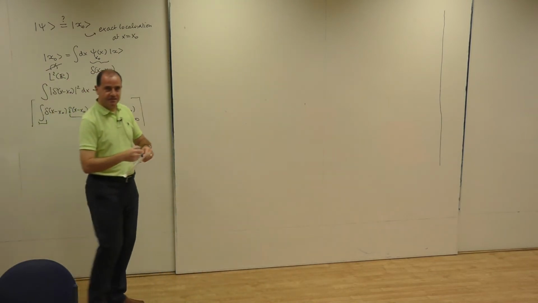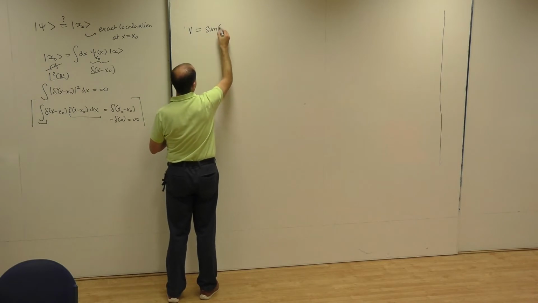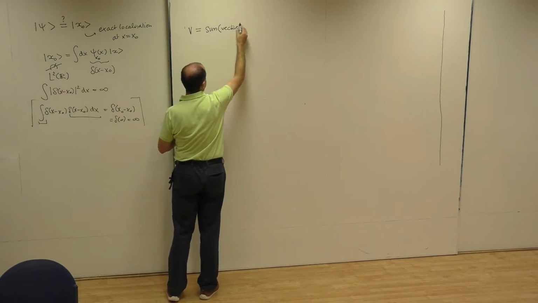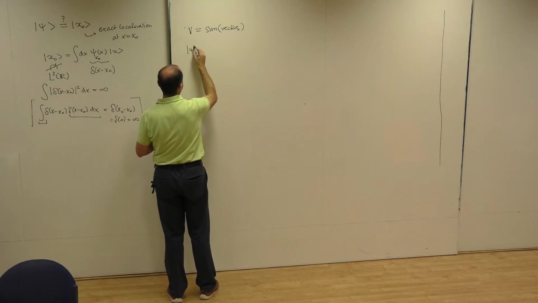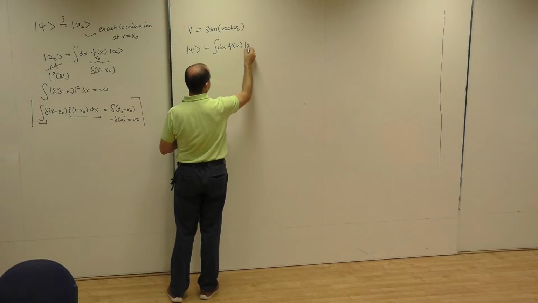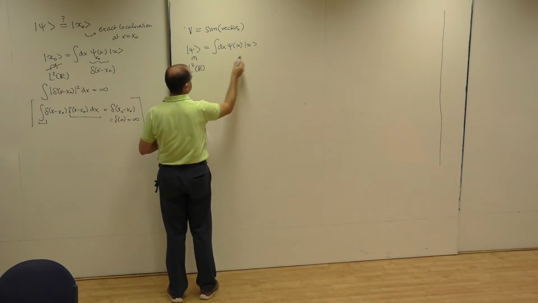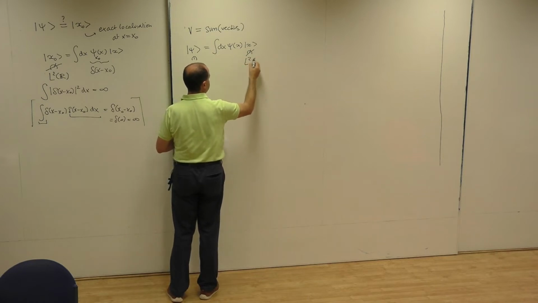So what I meant by unpleasant is that usually we have a vector equal to a sum of vectors. But here we are writing psi is equal to the sum of psi of x times |x>. This is a vector that is valid. This is not a valid vector.